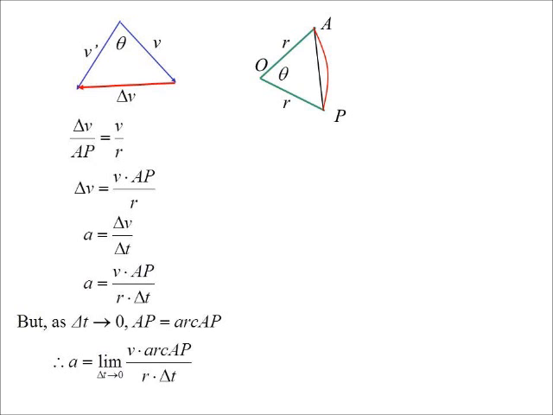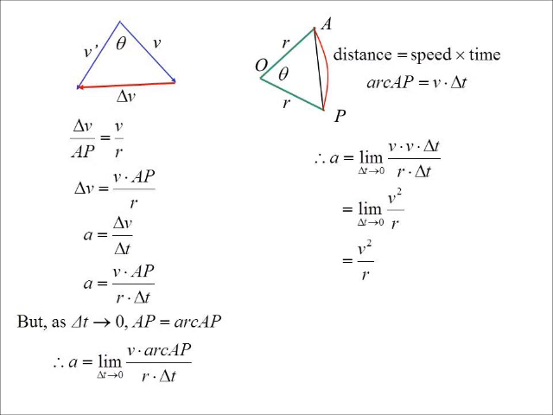Now we know distance equals speed times time. So arc AP will be velocity times delta t. Right? Distance, the arc AP, and so on. So let's substitute that in. Arc AP becomes velocity times delta t. We get v squared delta t on r delta t.